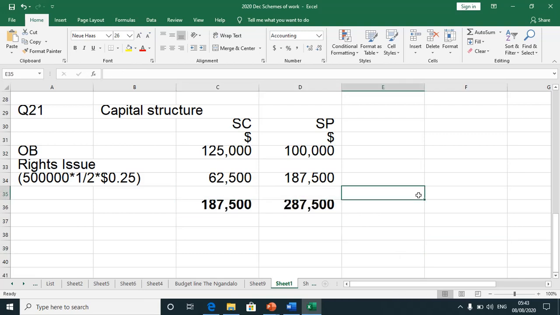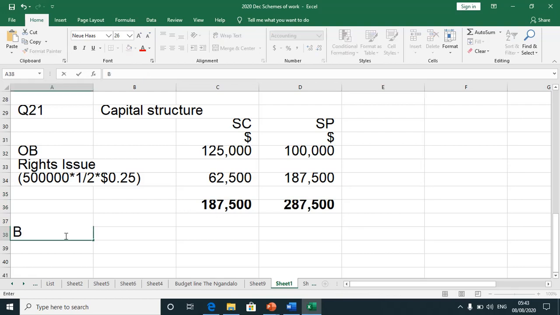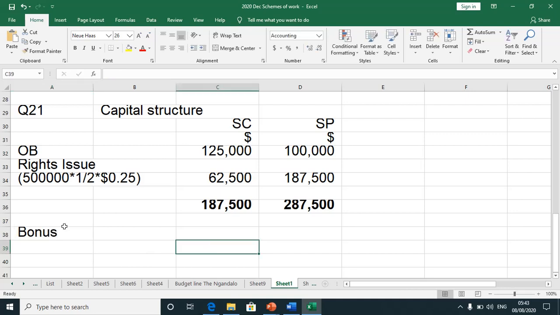We have not yet reached our answer, because now there's going to be a bonus. Initially we had 500 shares. We have issued half of 500, which is 250. So now we are running with about 750 shares.